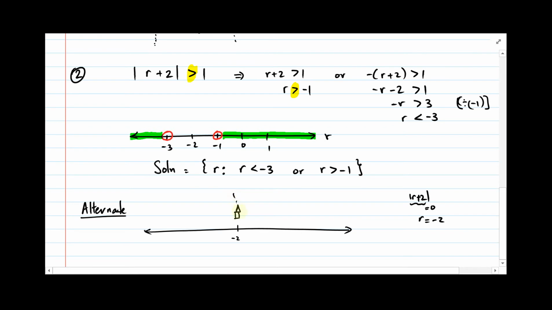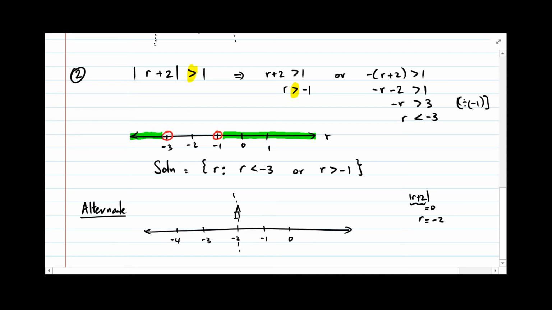And what's the distance? I'm going to be moving more than one unit either side. So if I go 1 unit, let's put in some things, negative 1, negative 3, I know that looks a little bit bigger, but it's okay.